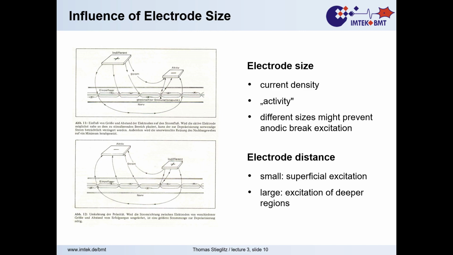At the same threshold, if we switch it off, the density over the anode, the larger electrode, is less. The field density, charge density, current density is less, and therefore we probably, if we do it properly, don't get that anodic break excitation because the threshold is not reached. Good.